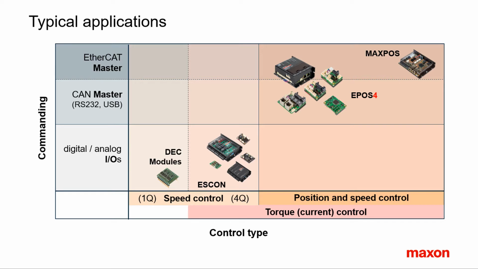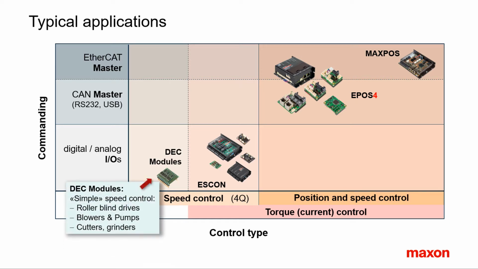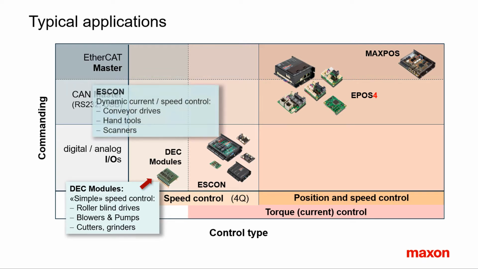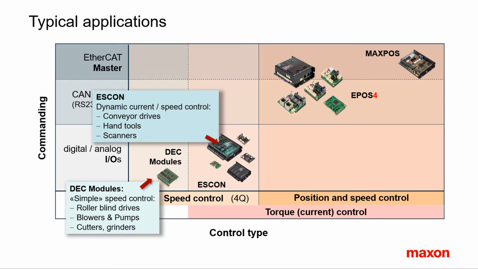As a summary, what are typical application fields for the maxon controllers? The DEC is a simple speed controller, typically used for applications such as roller blind drives, blowers and pumps, or cutting and grinding devices. The SCON is a very versatile dynamic current and speed controller.